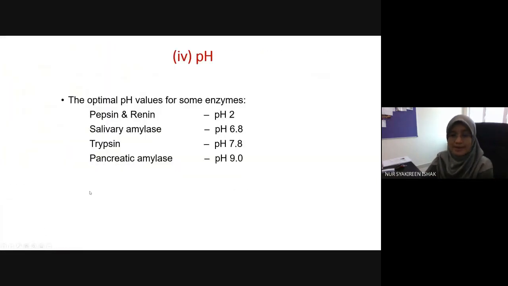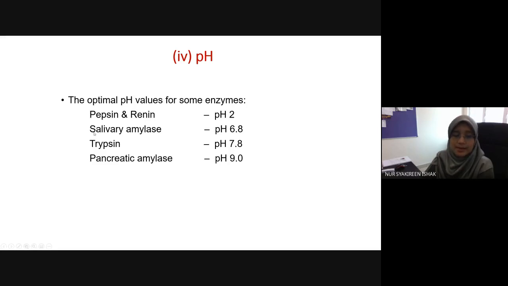So these are examples of different enzymes and their optimum pH. These are enzymes that are found in the stomach. You can have pepsin, renin, which the optimum pH is really acidic, around 2.